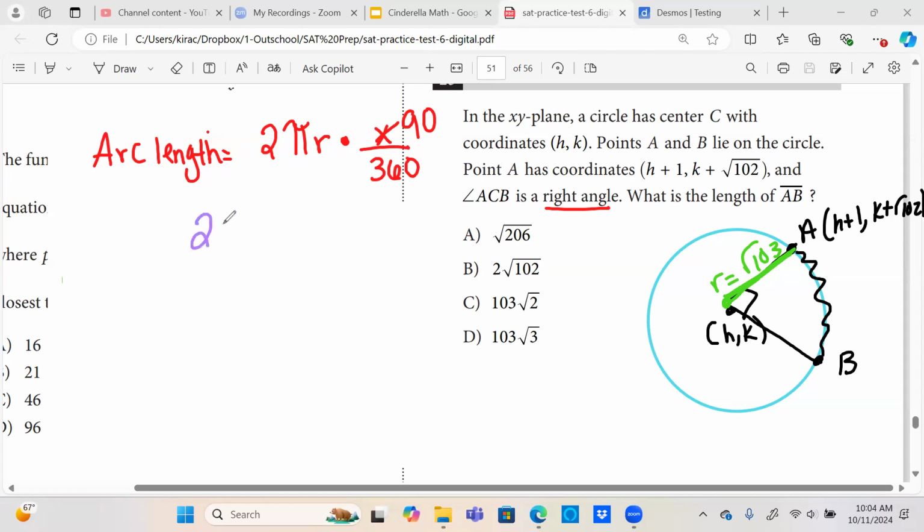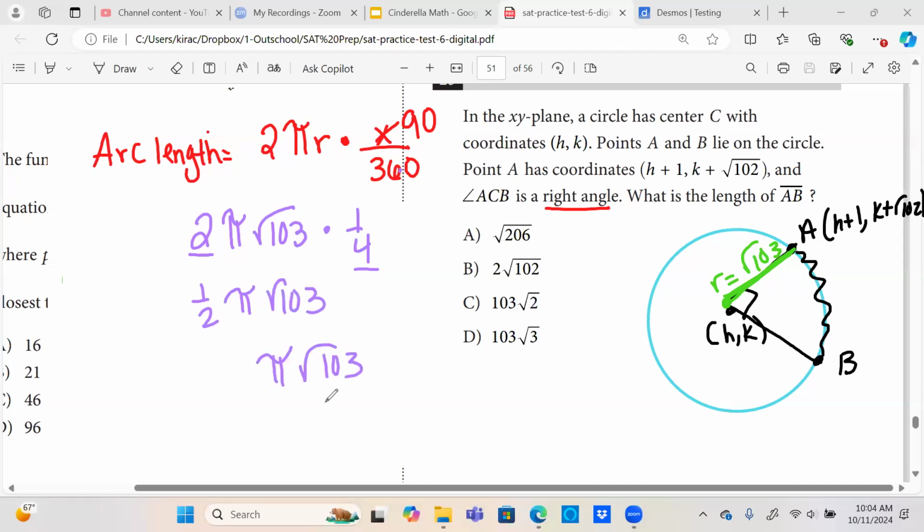So 2 pi, we have a radius of length root 103 times 90 over 360 could be 9 over 36, which is a fourth, right? So 2 times a fourth is a half pi root 103. So I would say pi root 103 over 2, which is not an option. So certainly I've made a mistake here somewhere.